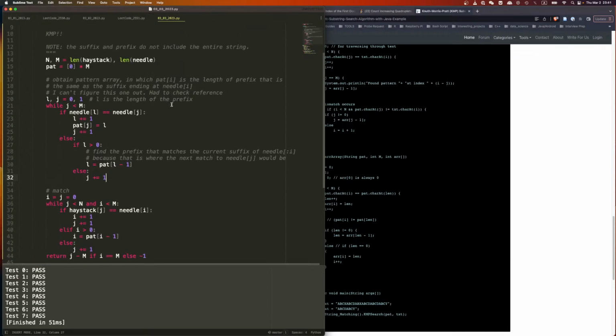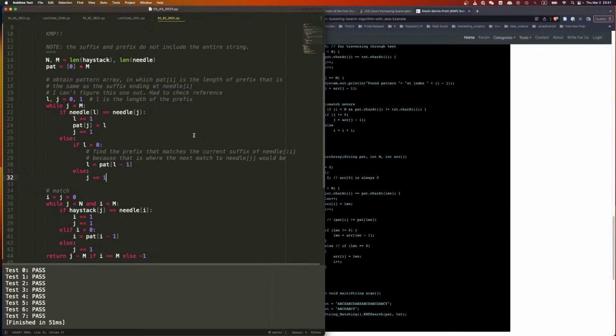The length of the prefix, okay? So length of the prefix, we start with 0, and we check if they're the same. Same, length increments, we do this, J plus equal 1. Once it's not the same, and if we have a length that is matched, then length minus 1, J doesn't change.